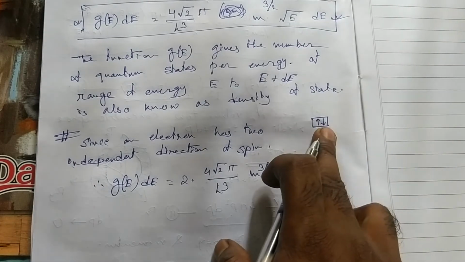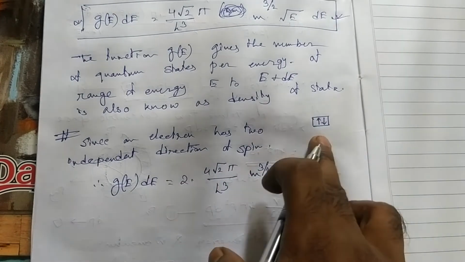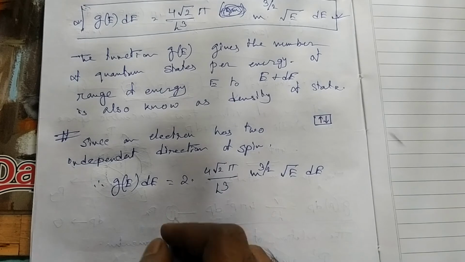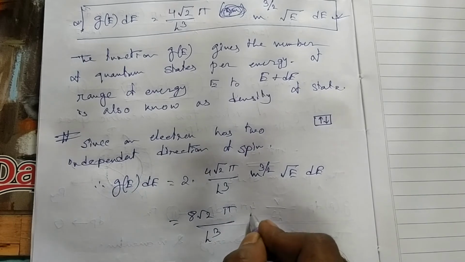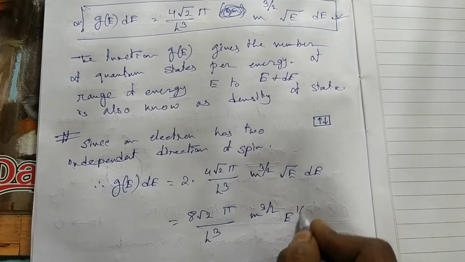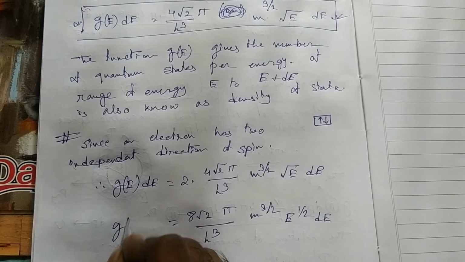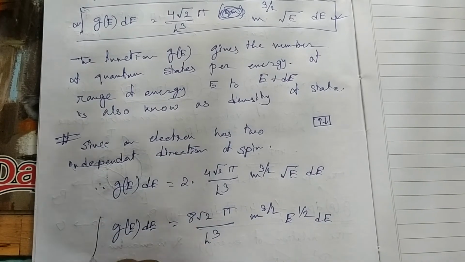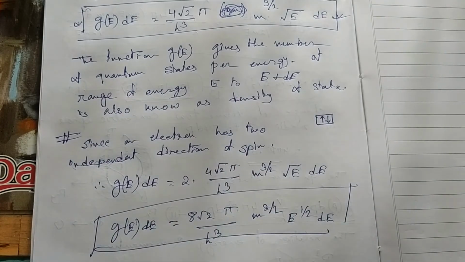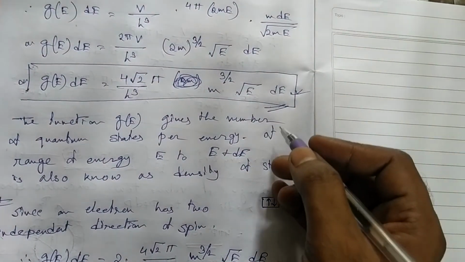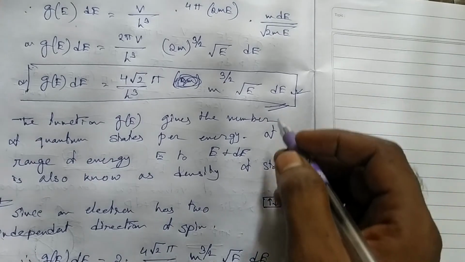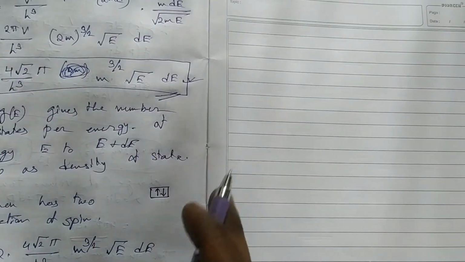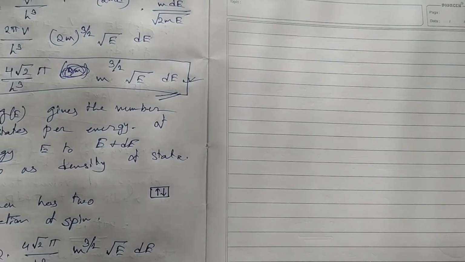That's why one energy state is occupied by two electrons and the total number of states becomes double. So 8 root 2 pi V by h cube m to the power 3 by 2 E to the power half dE is g(E) dE. This is the energy density of states for the electron, and the earlier one is the energy density of states for any other molecules. Is it clear? So we are done with today's lecture, the density of states.